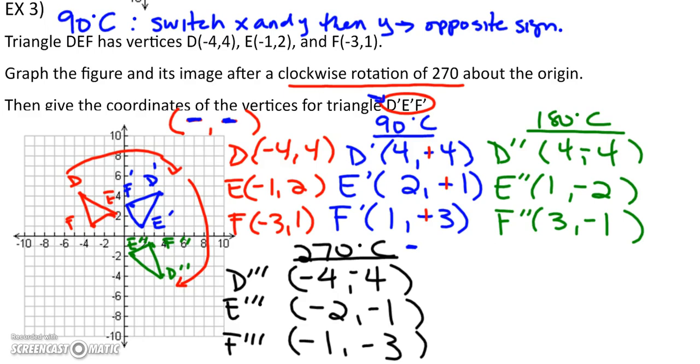So once again, negative 4, negative 4, D triple prime; negative 2, negative 1, E triple prime; and negative 1, negative 3, which is F triple prime. And here is my last rotation, giving us 270 degrees clockwise.